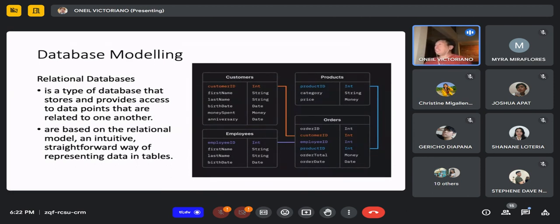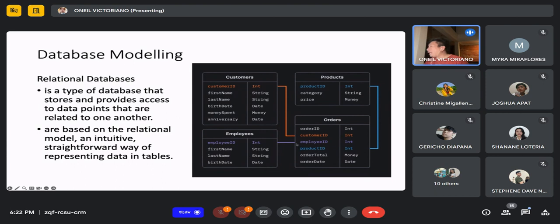So relational databases are basically databases that store and access data points in related tables. We call it relational because these are related tables for a particular context. It is based on the relational model, and it is represented in tables. No? So for example here, the order revolves around the connection between customers, products, and employee.